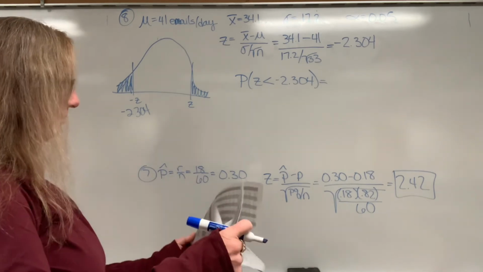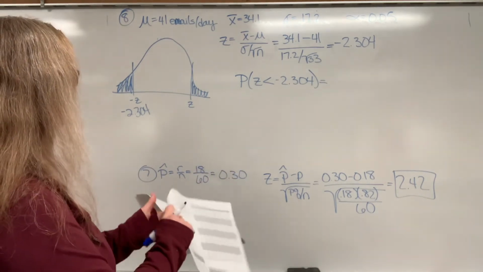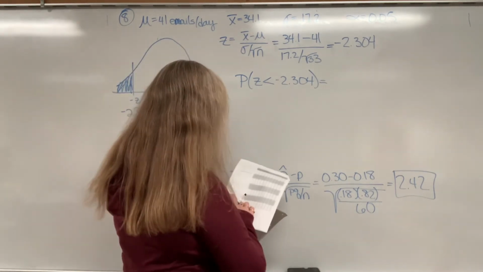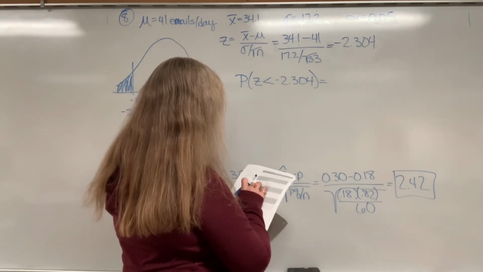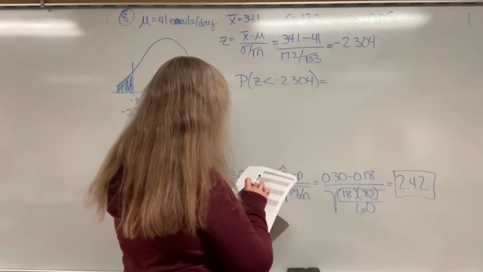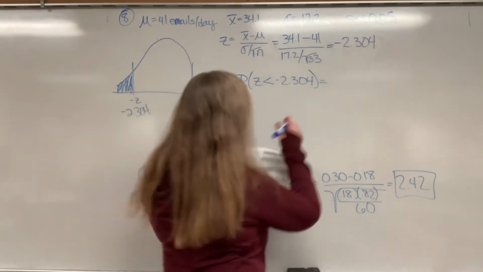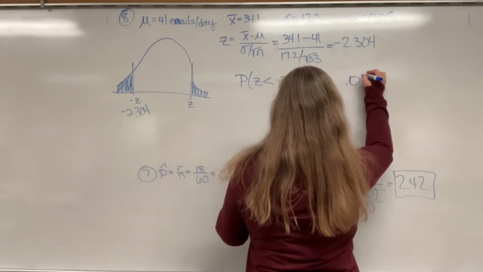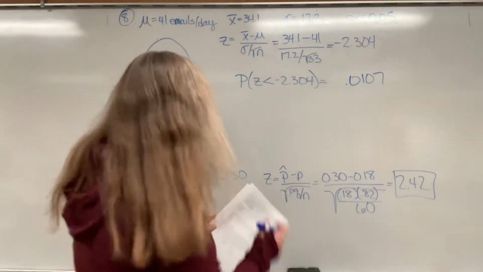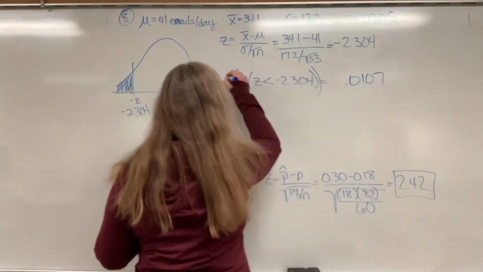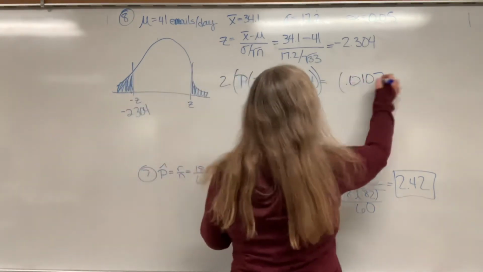So let me look up the value. Negative 2.30 is 0.0107. And then when I multiply both sides by 2, right? Oh, I did have that written down.